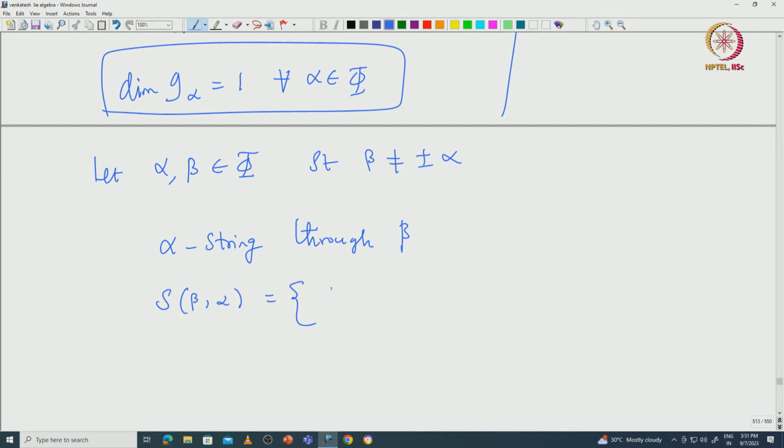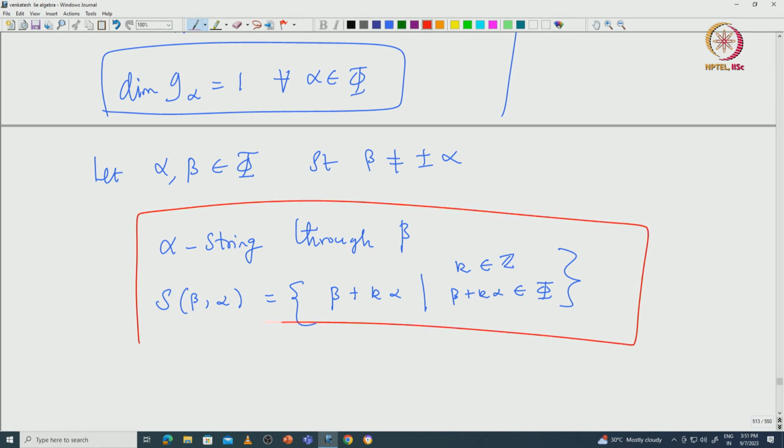This is those beta plus k alpha such that you choose those k inside integers such that these beta plus k alpha are all roots again. This is what we call the alpha string through beta. We want to conclude many things about this alpha string through beta.